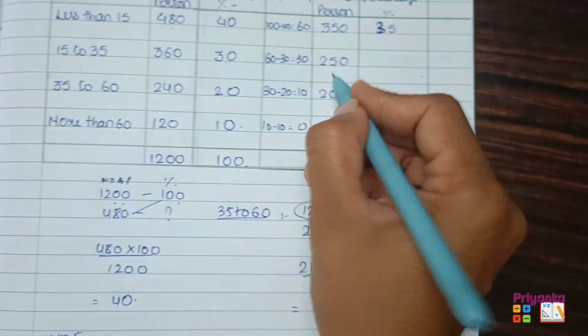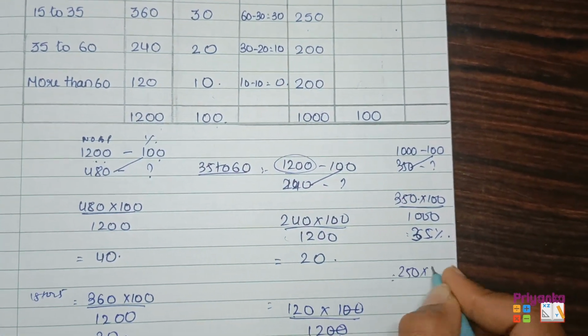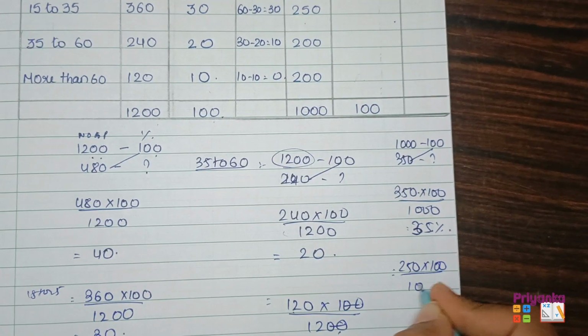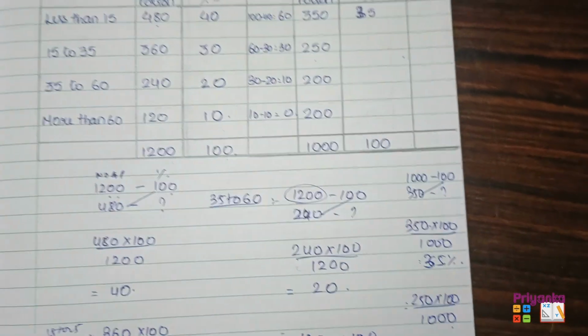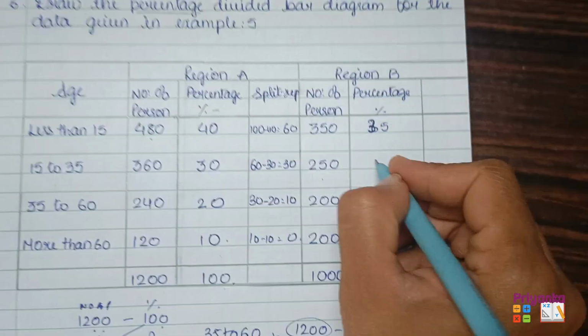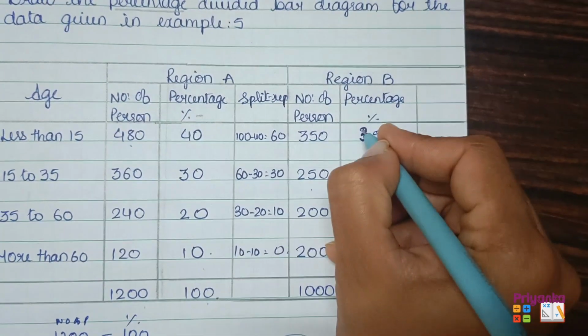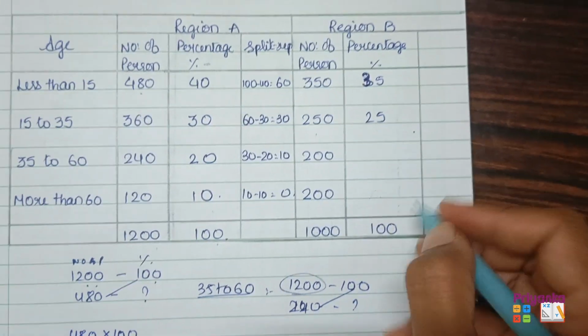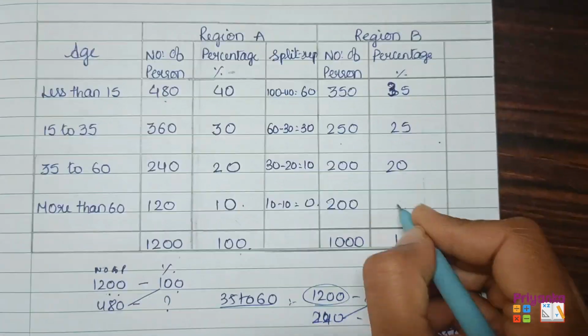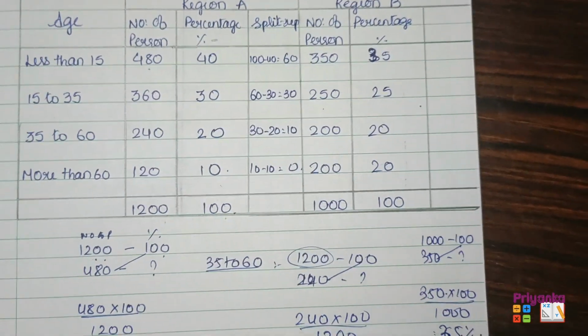With the next, 250 multiplied by 100 divided by 1000, and here we get the answer 25. That is 25%. Continue with the remaining ones. You will get 20%, and here also 20%.